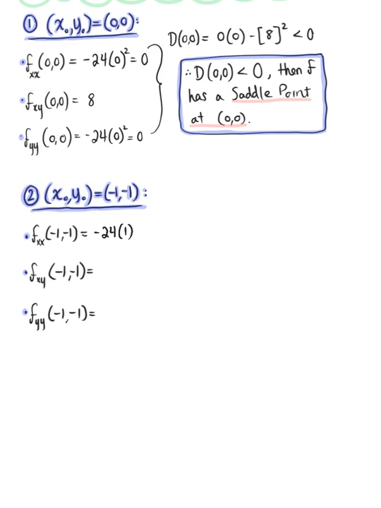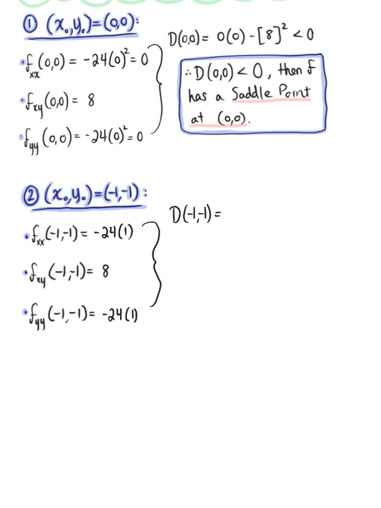We have the second order mixed partial derivative is 8 no matter what. And then we have the second order partial derivative of y with respect to y at (-1, -1) is minus 24 multiplied by 1.